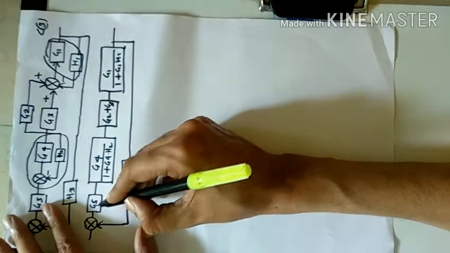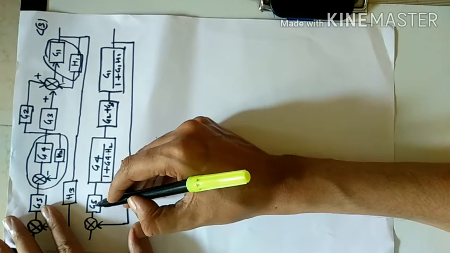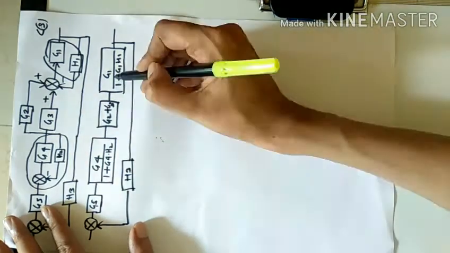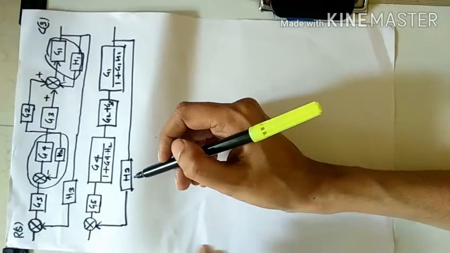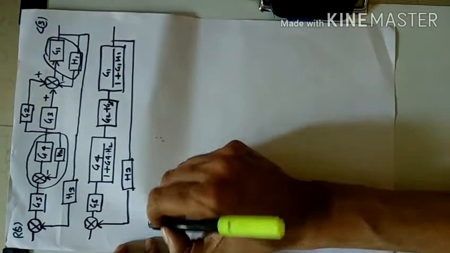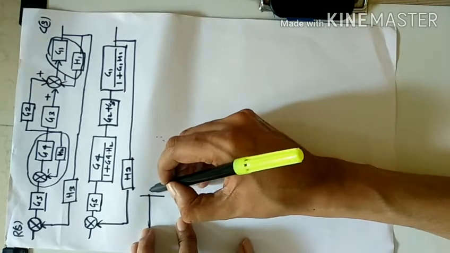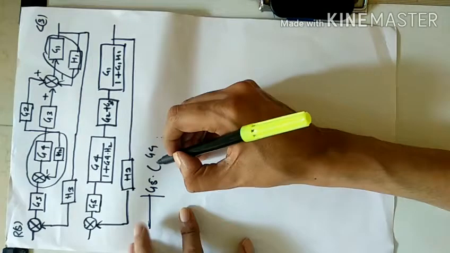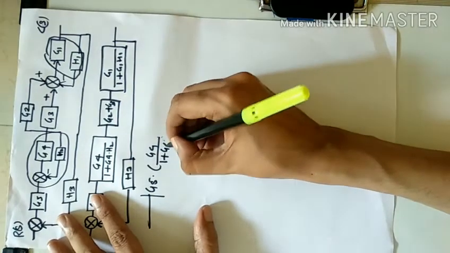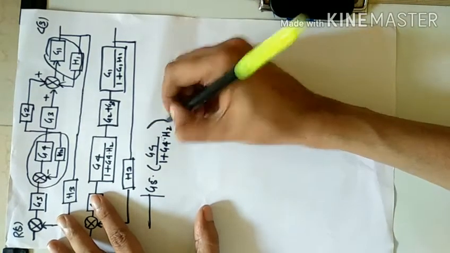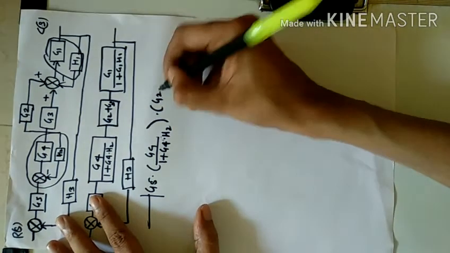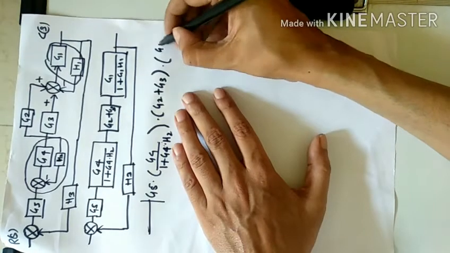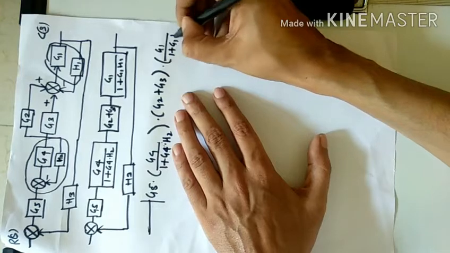Okay. Now this G5 G4, G2 plus G3, G1 upon 1 plus G1 H1, these all are in series. So we have studied that when the blocks are in series it is multiplied. So there will be one simple block: G5 bracket G4 upon 1 plus G4 H2 bracket close, then multiply G2 plus G3 bracket, then again G1 upon 1 plus G1 H1.